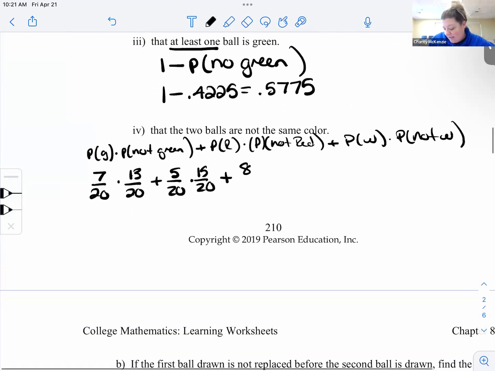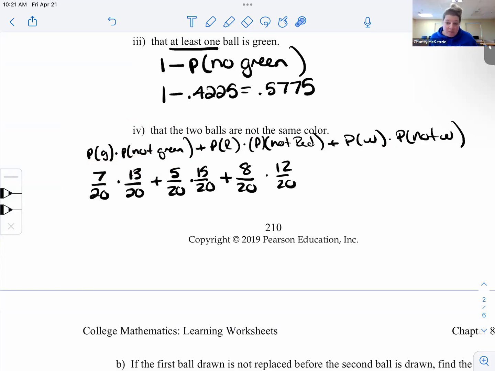So 8 out of 20, and then that would make 12 out of 20. So each situation had to be multiplied together in order for us to get the probability of the 2 balls, right? Ball 1, ball 2, those have to be multiplied. And that's its own probability, plus the next situation, plus the next situation. So that's an and and an or all mixed together.